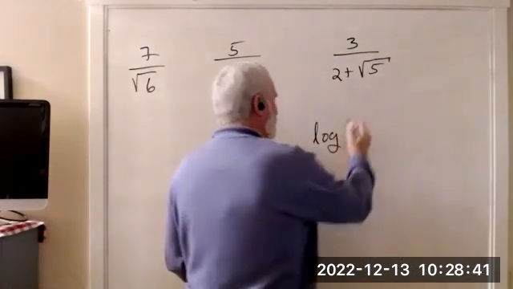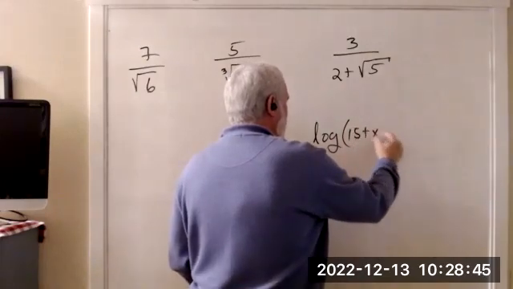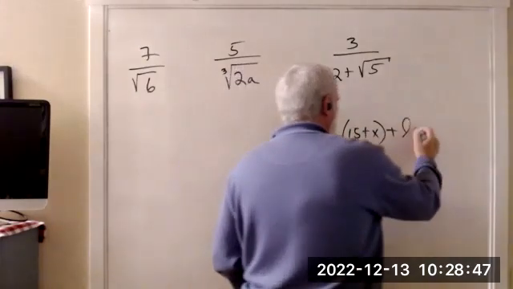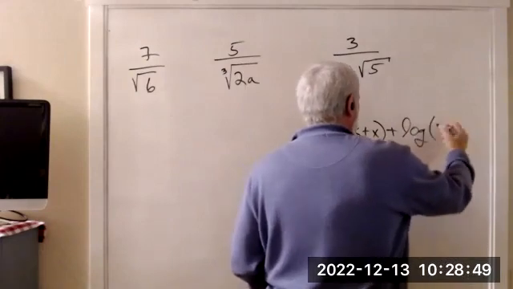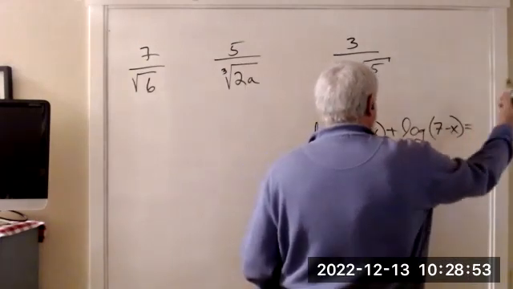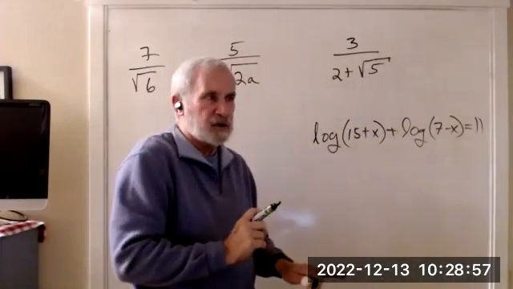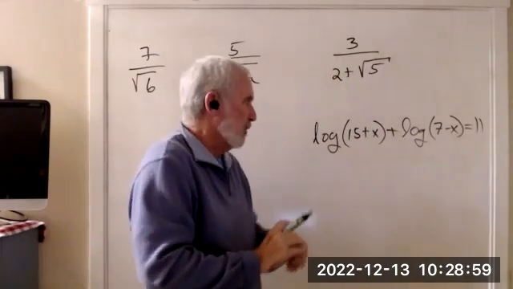So let's make up a problem. Like you have the log of 15 plus x plus the log of 7 minus x equals 11. I have no idea what this problem is. I don't know what the real answer is.